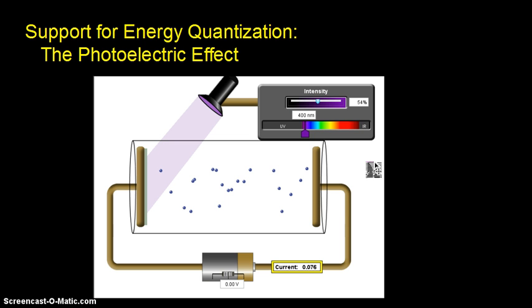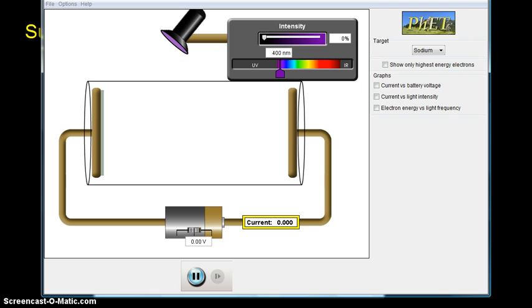One thing that supported Planck's idea of this quantization of energy was an experiment called the photoelectric effect. And this was described in a paper by Einstein in the early 1900s. If I shine light on a piece of metal, I'm going to start off with, well, now I'll start with the purple.